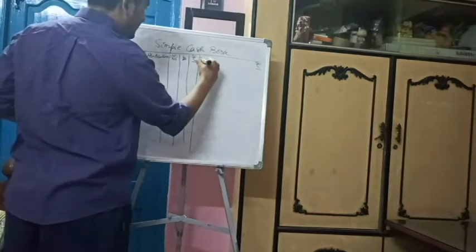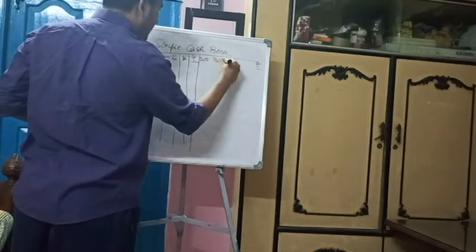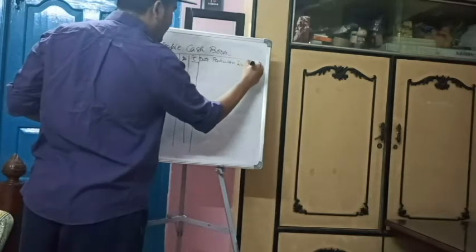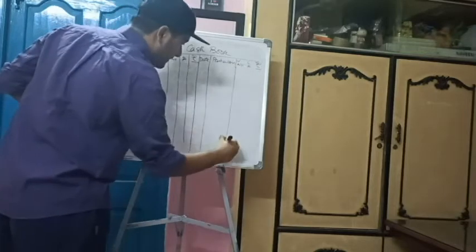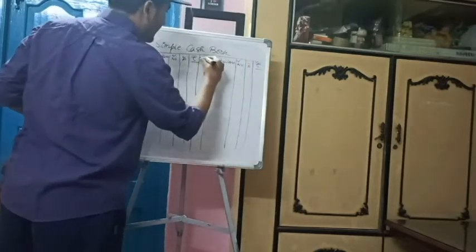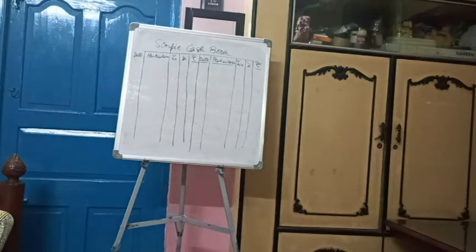Here also date, particulars, voucher number, ledger folio. So this is the main format of the simple cash book or single column cash book. What do we record in this side?